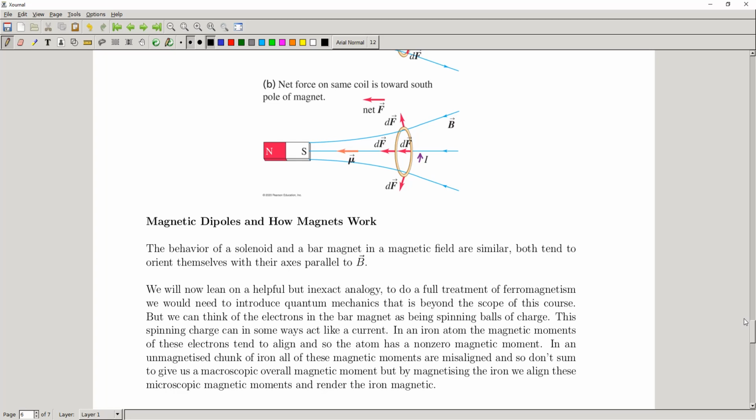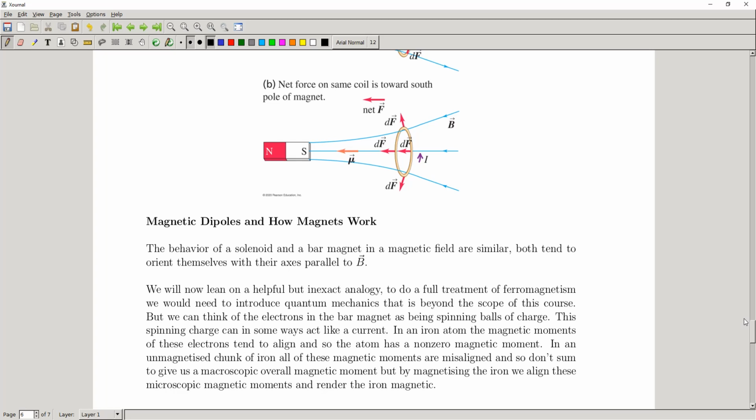But we can think of it through this inexact analogy where we think about electrons as actually just spinning balls of charge, right? If you think of an electron as a spinning ball of charge, in some senses it's like a current, right? There's charge moving because the ball is spinning and it's charged, and so you can think of it a little bit like a current.